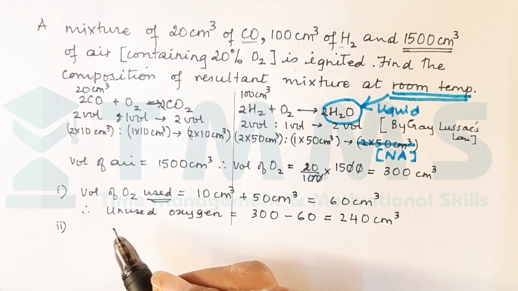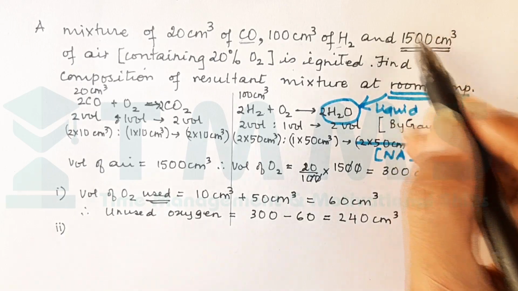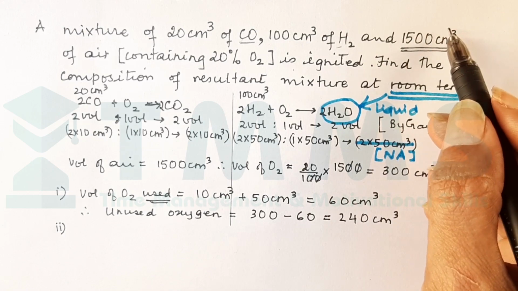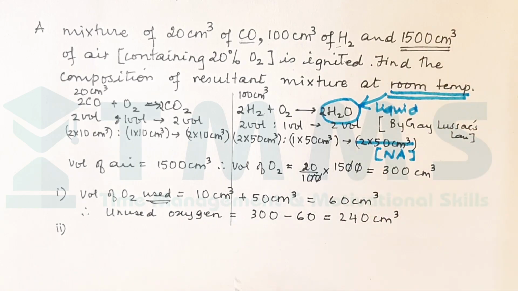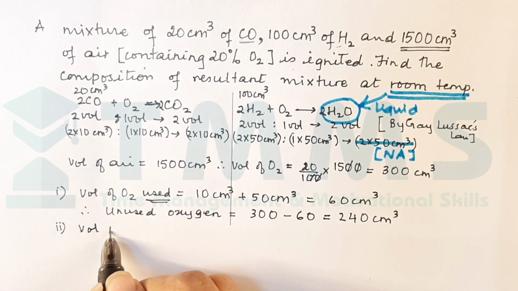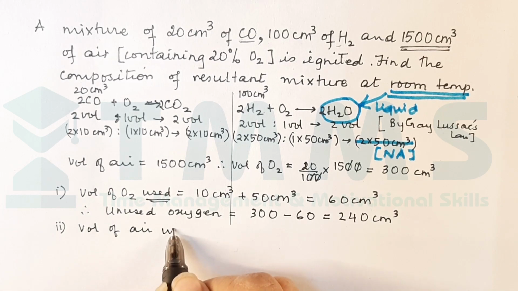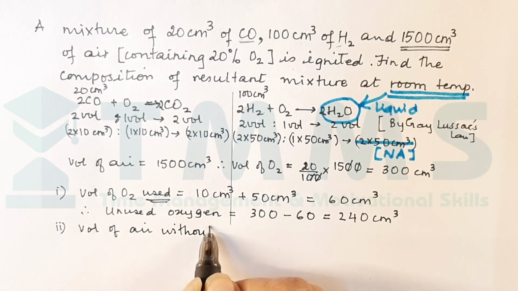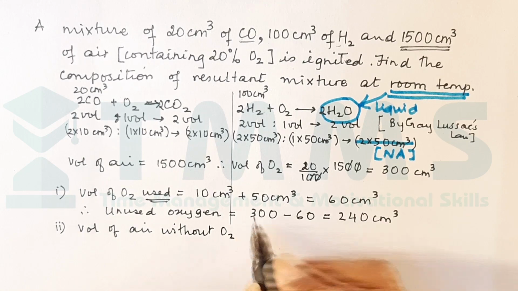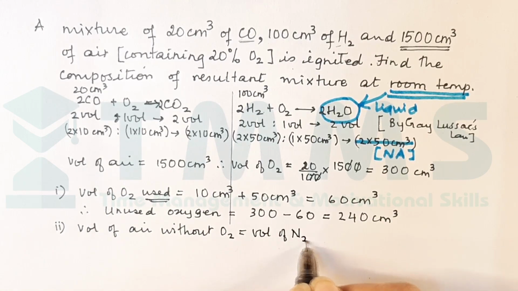Second part. Now, don't you think if we had 1500 centimeter cube of air, the balance air also will be there in the resultant mixture? So we write just that. Volume of air without oxygen. And that becomes actually volume of nitrogen.